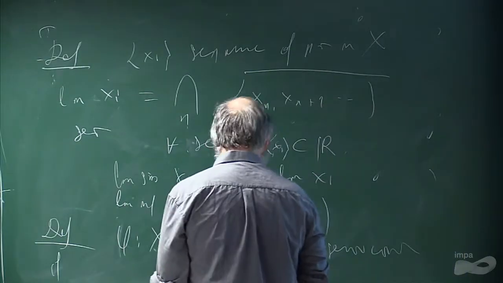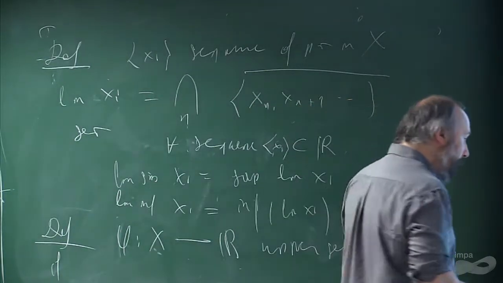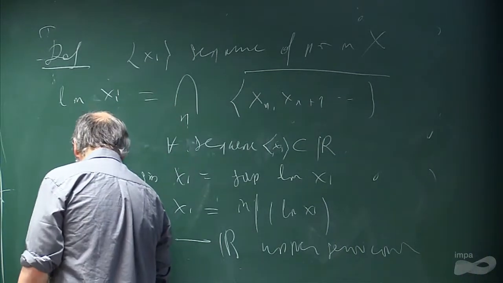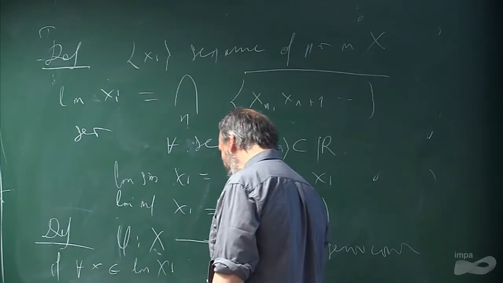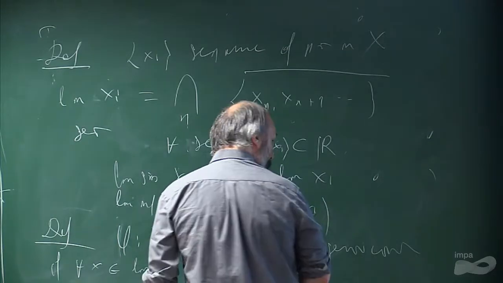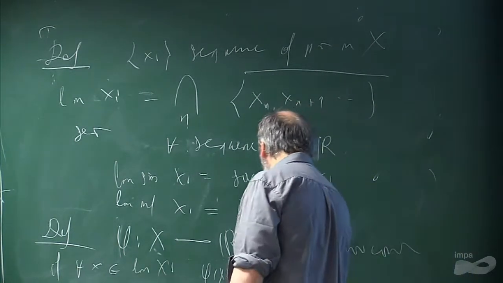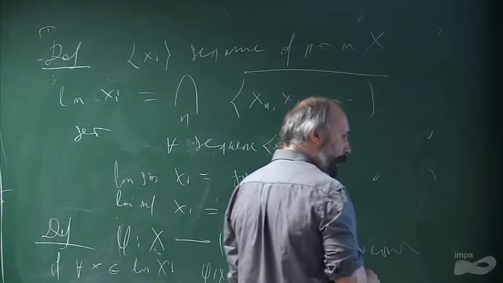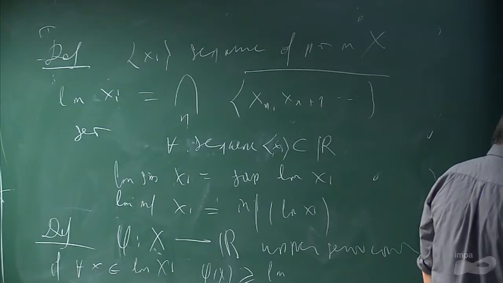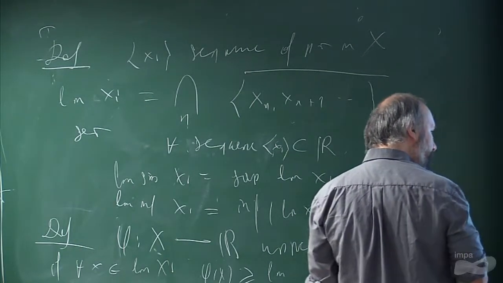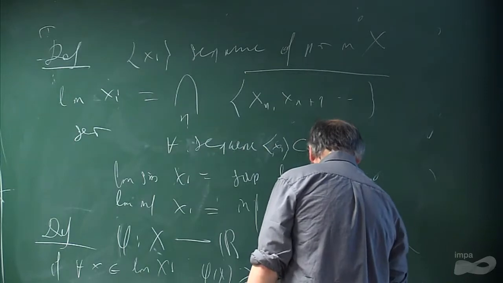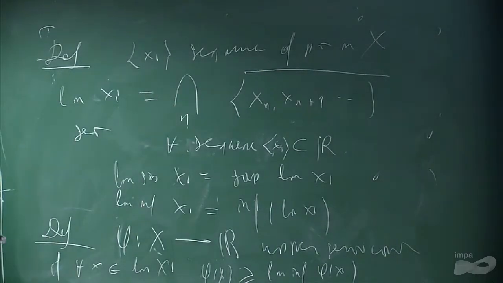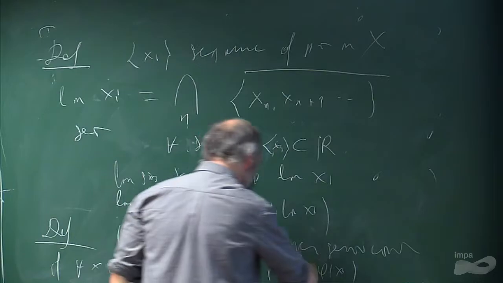This means that for each x inside the limit of the sequence x_i, phi of x is bigger or equal to lim, I think there's an error here, lim inf of phi of x_i. Oh no, lim sup, of course. Sorry.